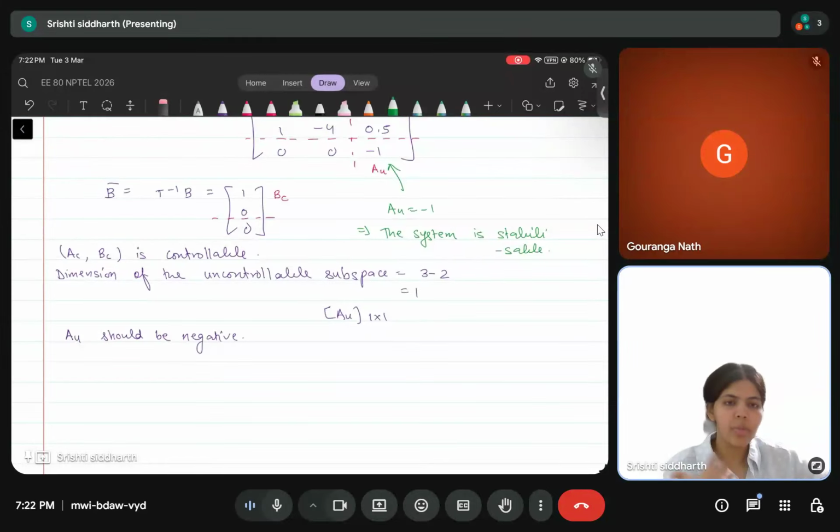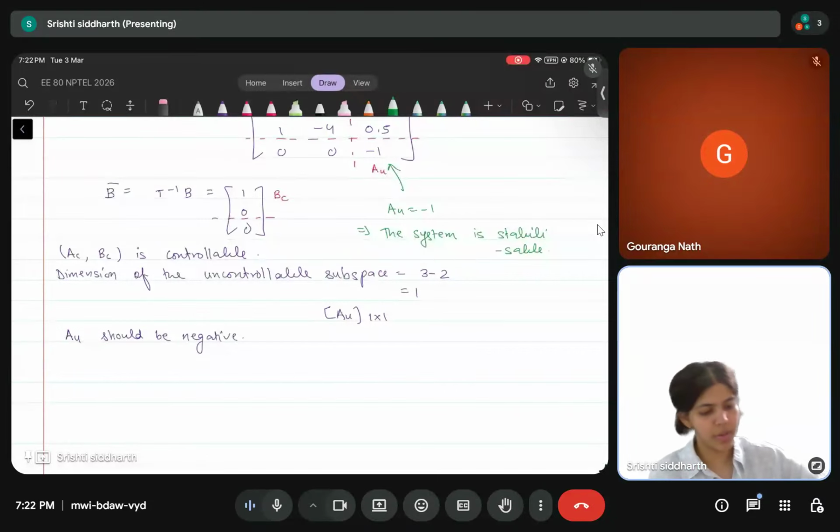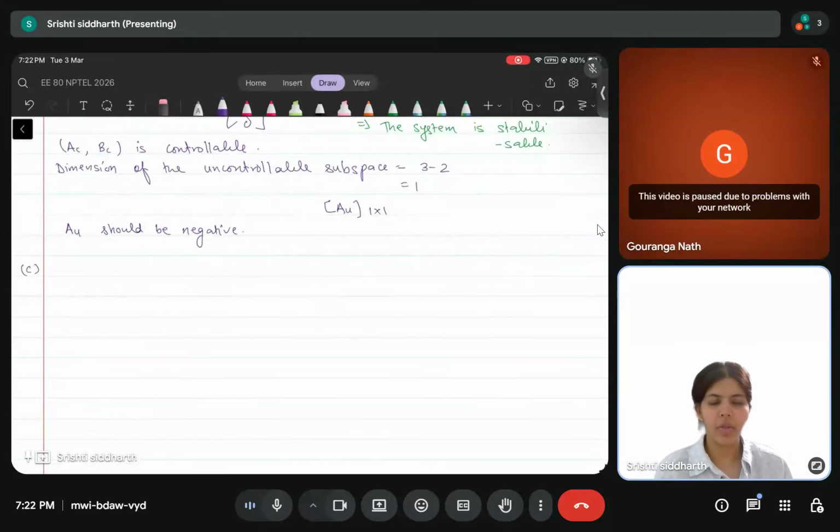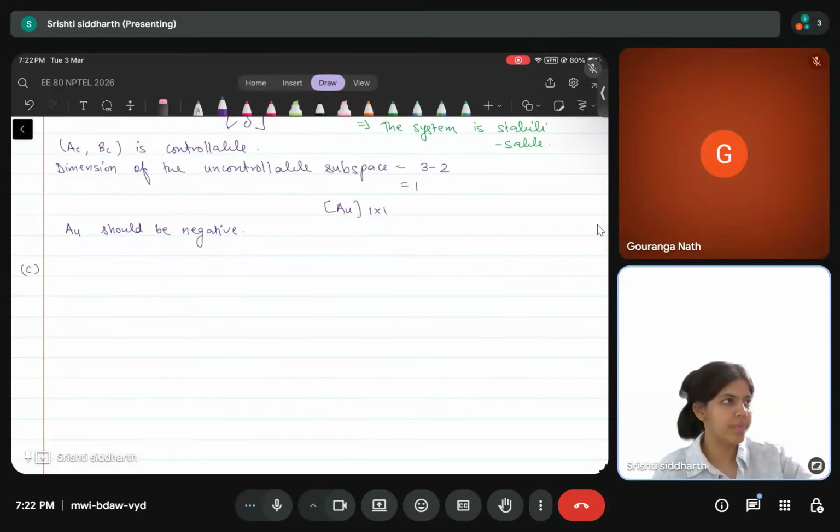Since the whole system is not controllable, we will design the pole placement control for the smaller controllable subsystem, then transform it to the original system.